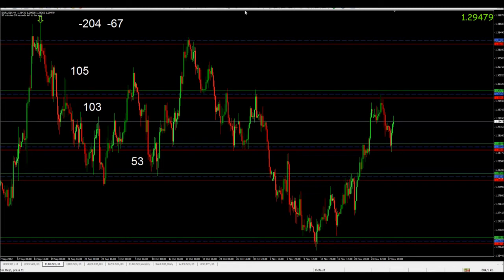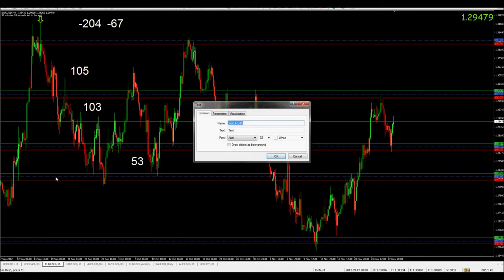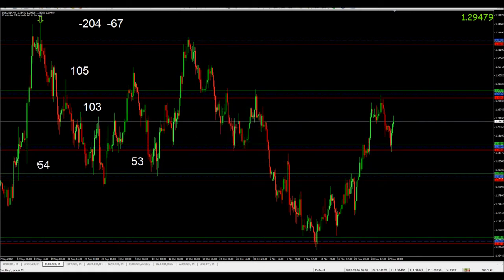So we'll put 54 pips there, and these both would be less 54 pips.